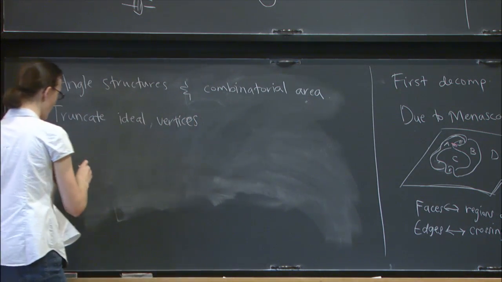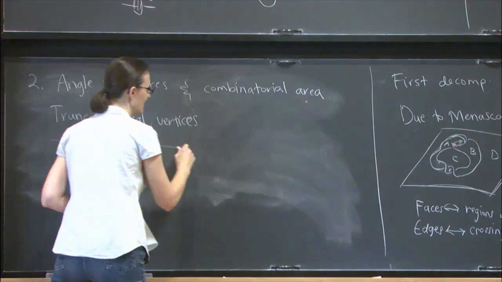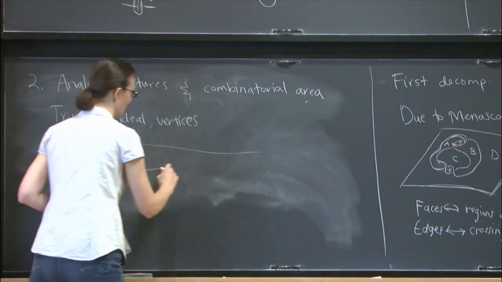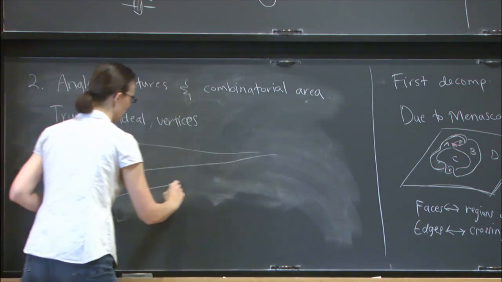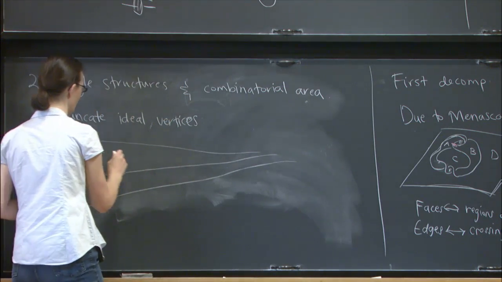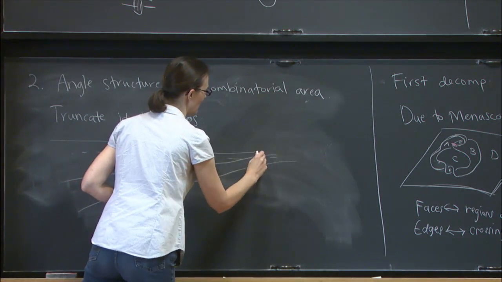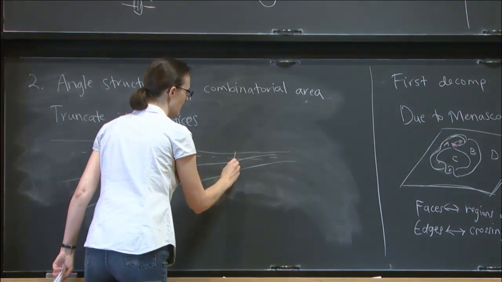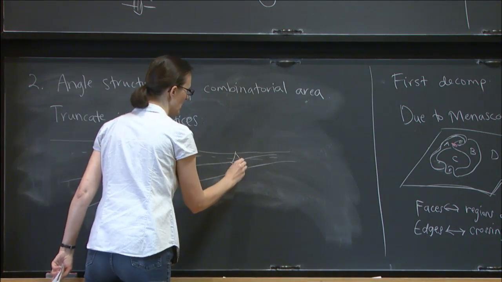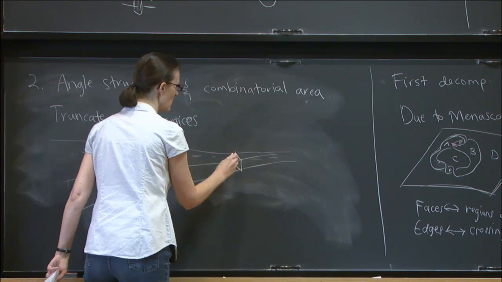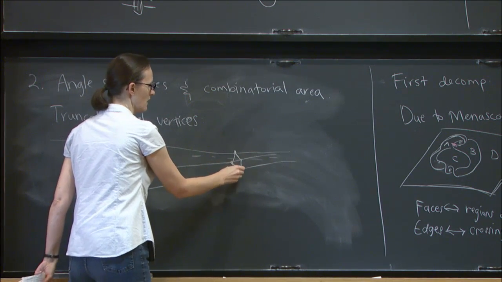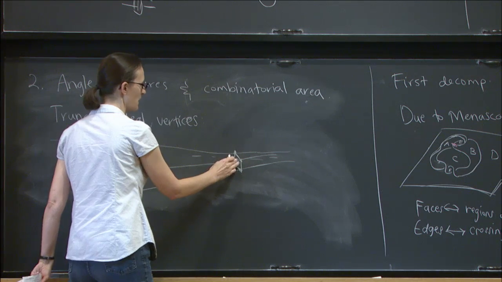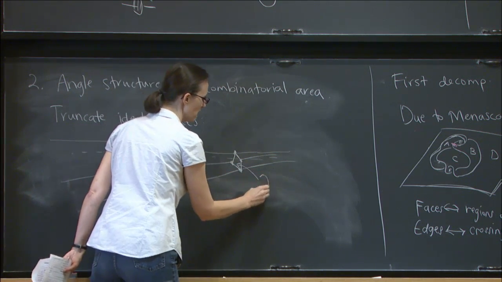Okay, so we have an ideal vertex going off to infinity. All of my ideal vertices are 4-valent. I'm just going to decide we're going to chop it off somewhere and turn this into a face. So the edges get shortened, and we add an extra face right here. This is called a boundary face.